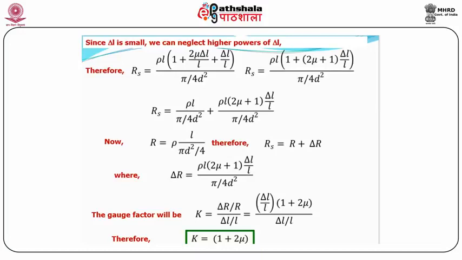So the gauge factor will be K equal to delta R by R divided by delta L by L, equal to delta L by L multiplied by 1 plus 2 mu divided by delta L by L. Therefore, K is equal to 1 plus 2 mu. This is how the gauge factor is related to the Poisson's ratio.